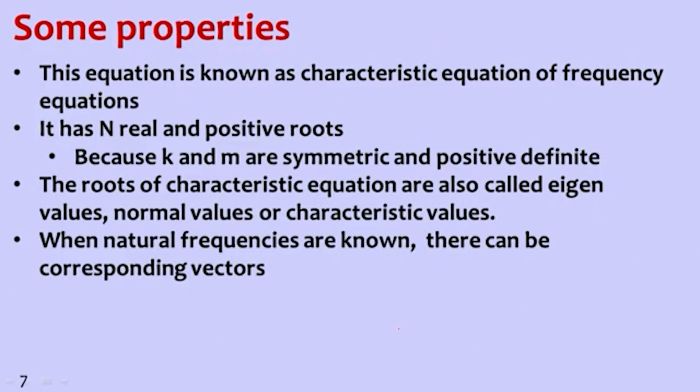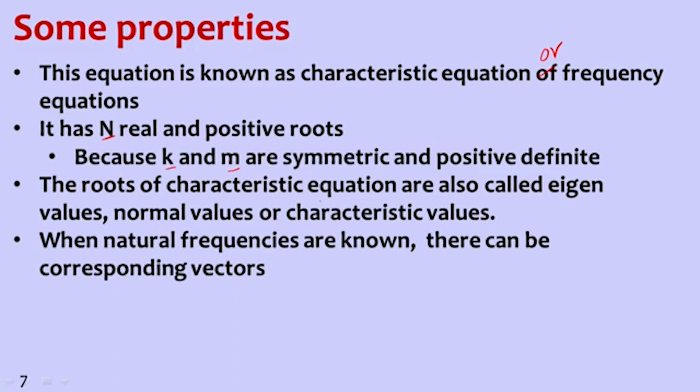Now some properties of the characteristic equation. This can also be called the frequency equation. This frequency equation has n real roots. If the matrix size is n by n, it will have n real and positive roots. Why? Because k and m are symmetric and positive definite. For that reason we will have n real roots.